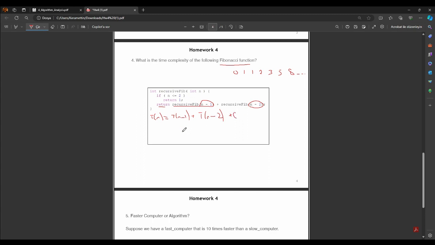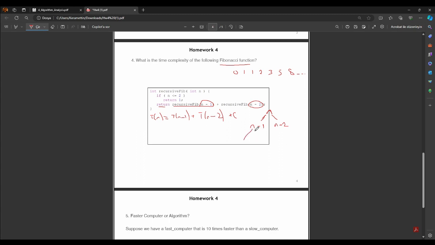Now I want to make a tree here. It will start with n, and it will divide into n minus 1 and n minus 2.